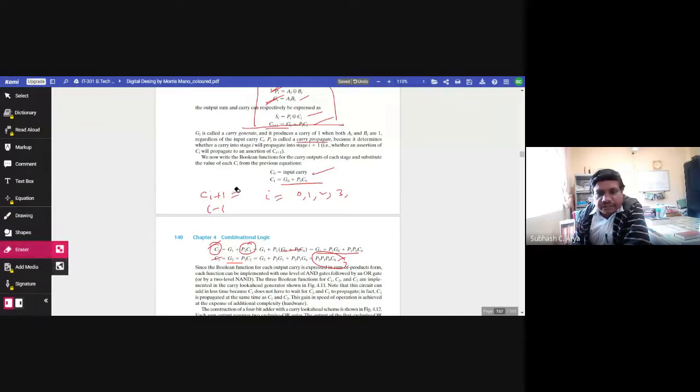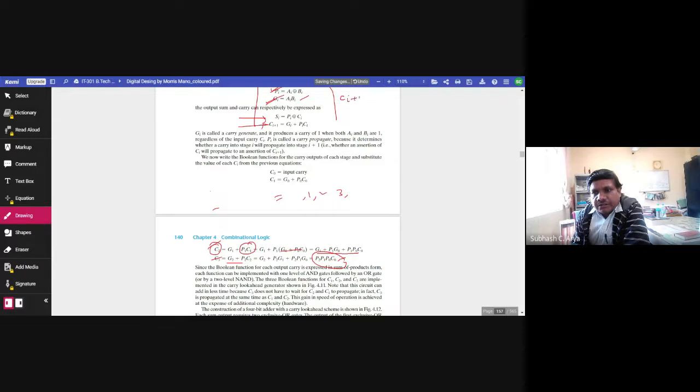One can try to write this expression by their own with pen and pencil, so that one should understand. Otherwise, it is difficult to say in words. The main equation is this one. Which one? This. Should I write here?